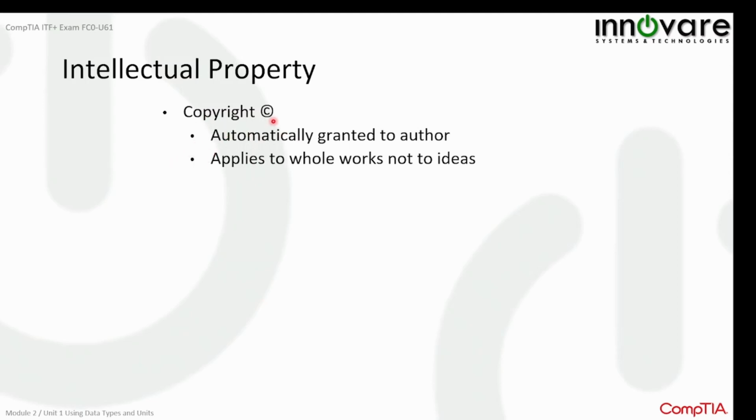So meron ding copyright. When we say copyright, di ba, it is signed by the author, granted to the author, everything. But it's all about the work. Meron ding, it could be an idea, the same idea from somebody else, but you have something that you applied to that idea, that you worked on, that's a copyright.